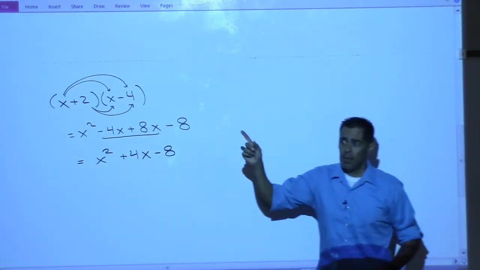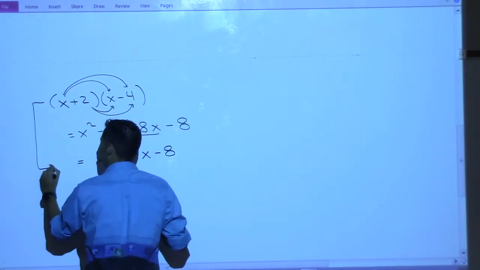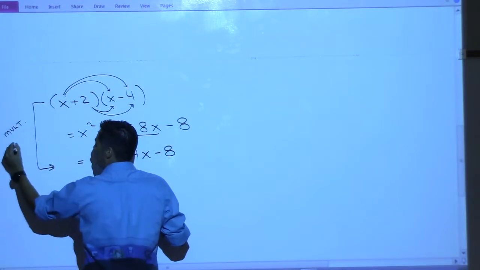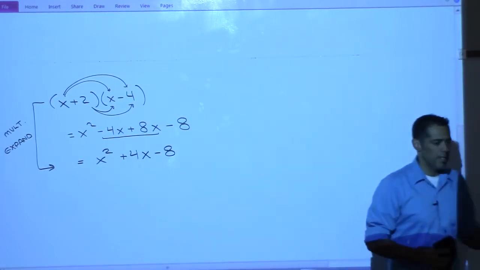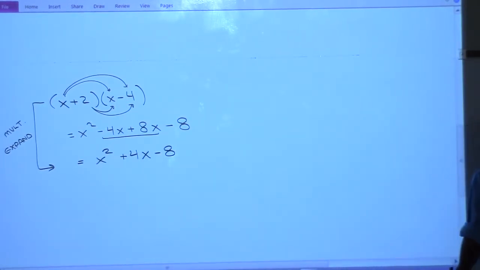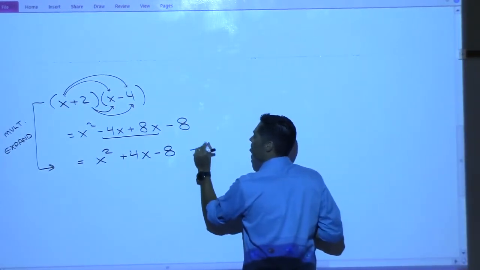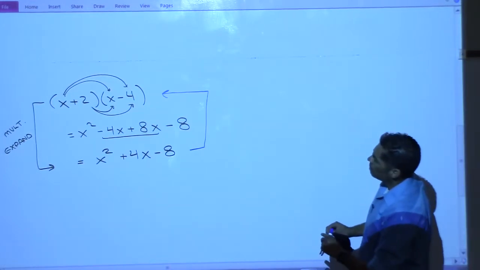So that process from going from here down to here is basically multiplying, or if you like, you could say that's expanding. And that is not what we're interested in. What we're interested in is going backwards. So what we want to do is go from here back up to here. Shouldn't that 8x be 2x?